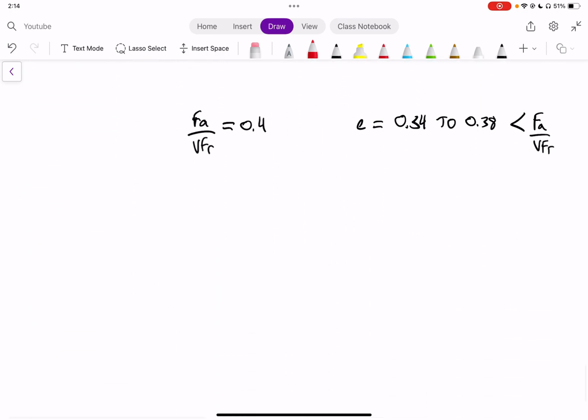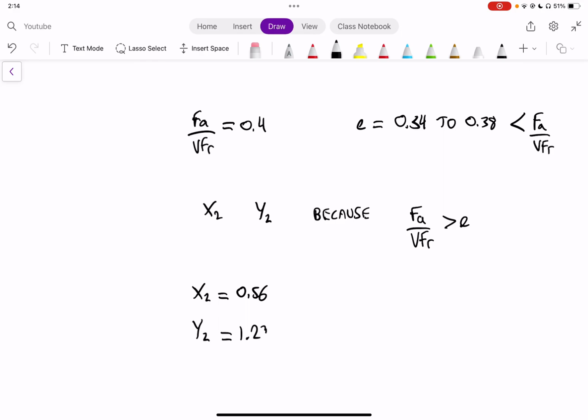What you would do is say we have to use X2 and Y2 because FA over VFR is greater than E. Your X2 value you don't have to interpolate because it's always a constant, 0.56. Your Y2 you would, however, have to interpolate, and that value would be 1.27, and I'll write through interpolation.